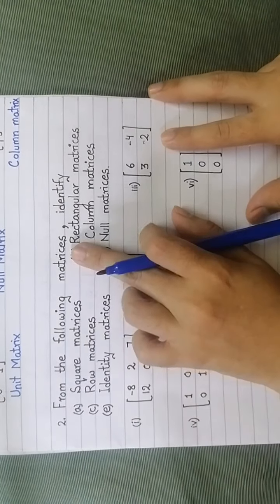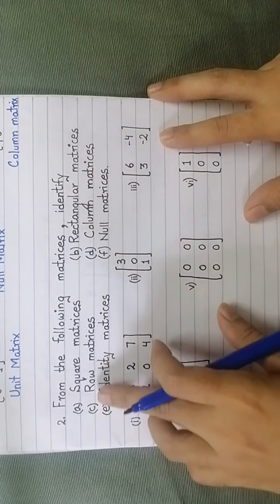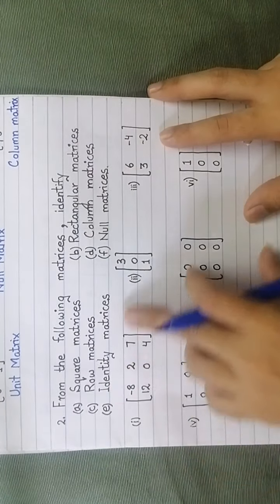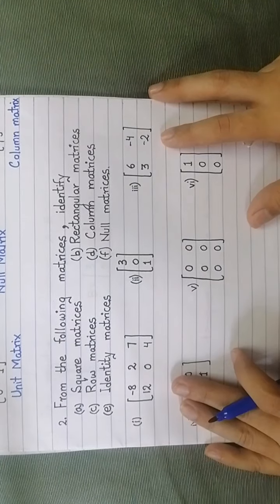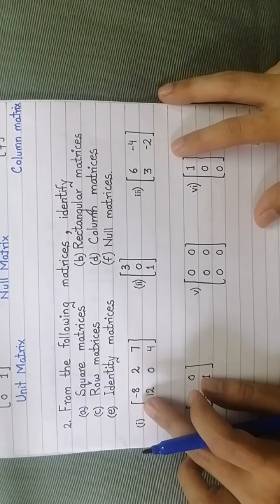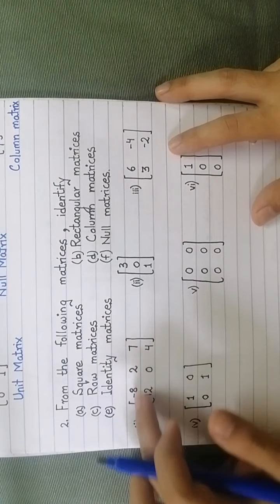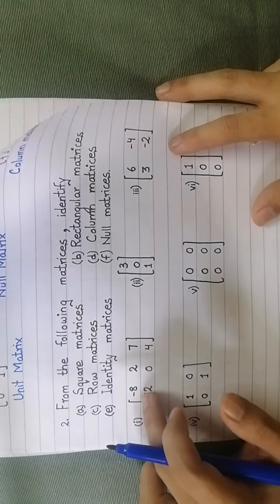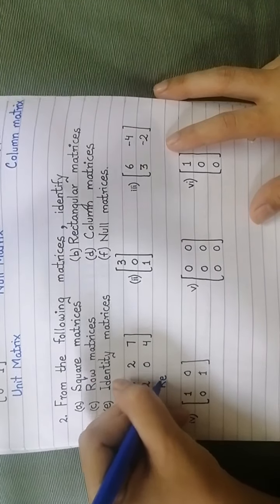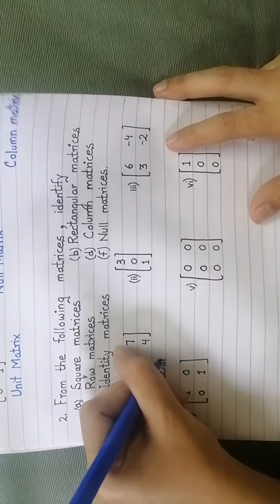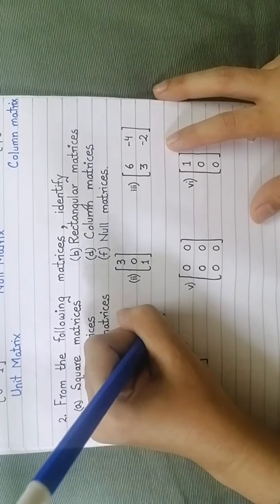From the following matrices, identify square matrices, rectangular matrices, row matrices, column matrices, identity matrices, null matrices. Okay, now look at this. Here in this matrix, we have 2 rows and 3 columns. So this one is rectangular matrix.